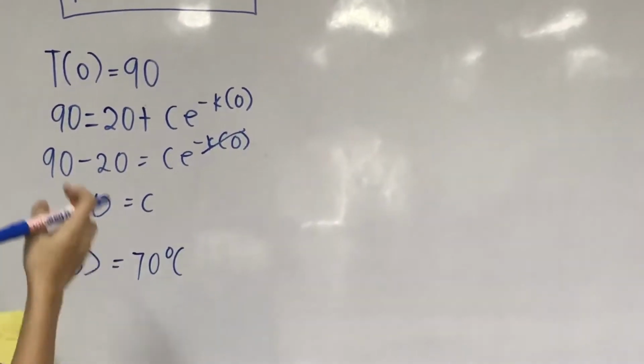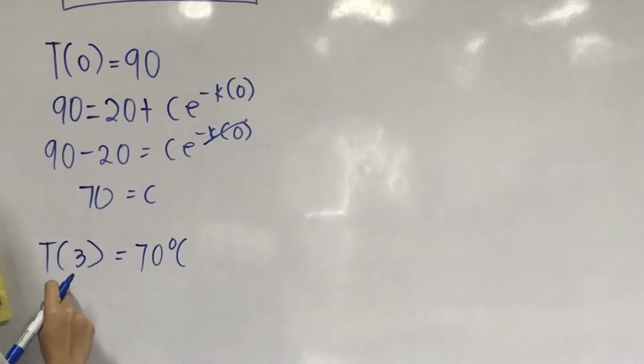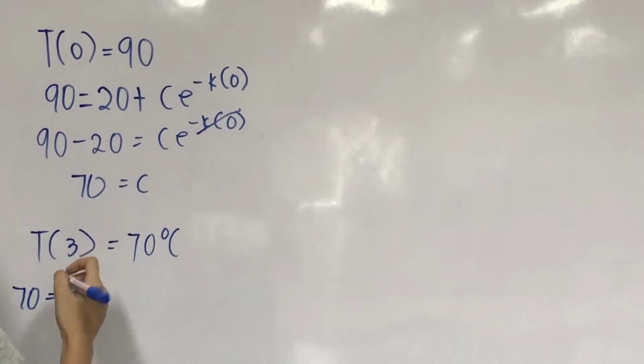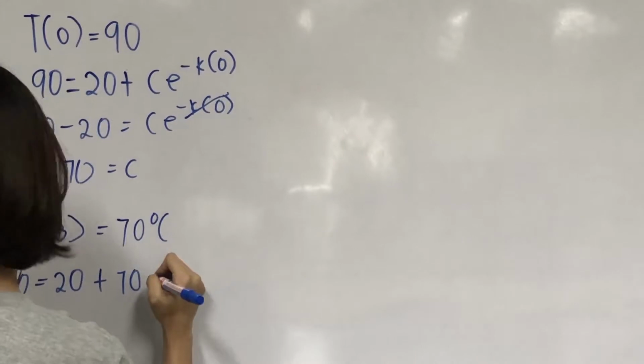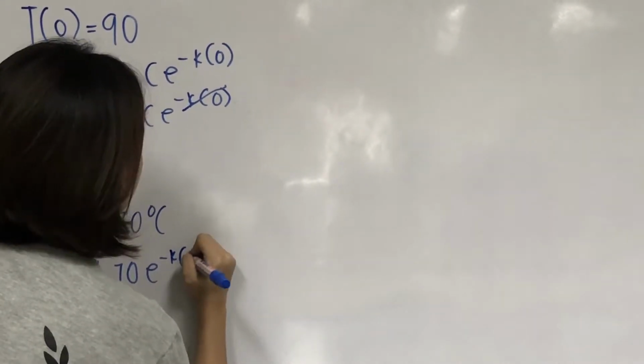And applying again the system that we have, we have T as 70 at 3 minutes, so 70 is equal to 20 plus 70 e raised to negative 3k.